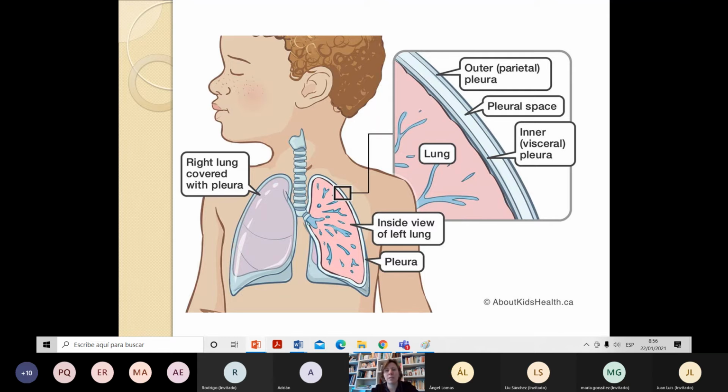One very important thing that my lungs have is the pleura. You've got it represented in your book on page number 45.